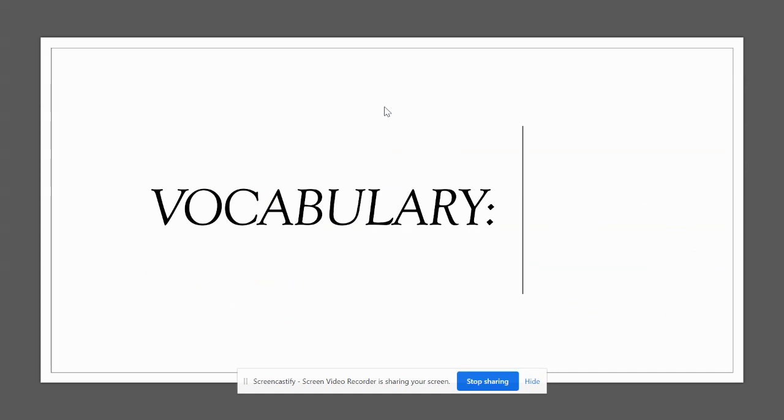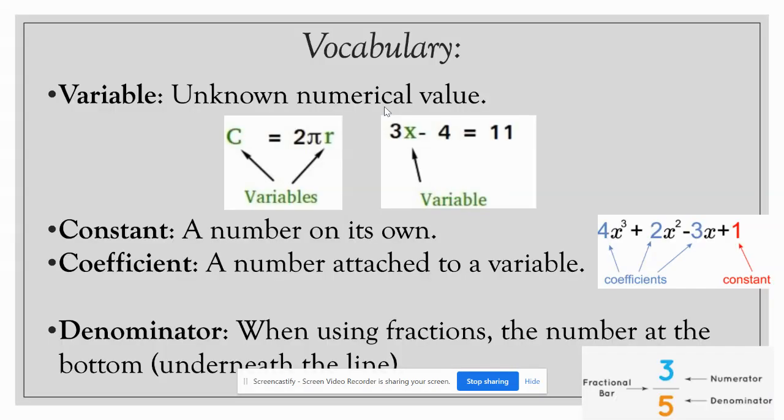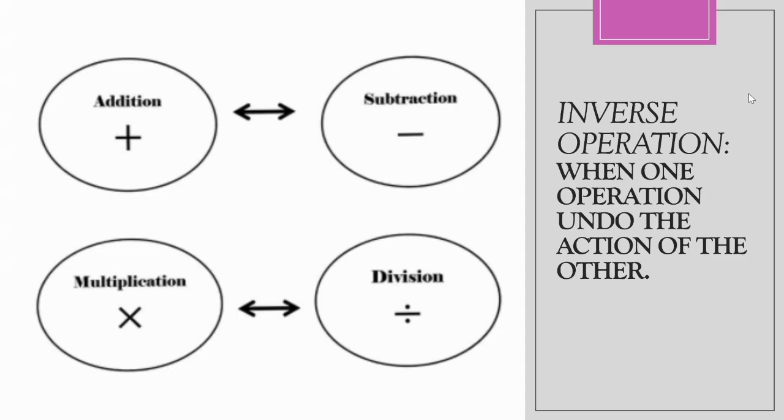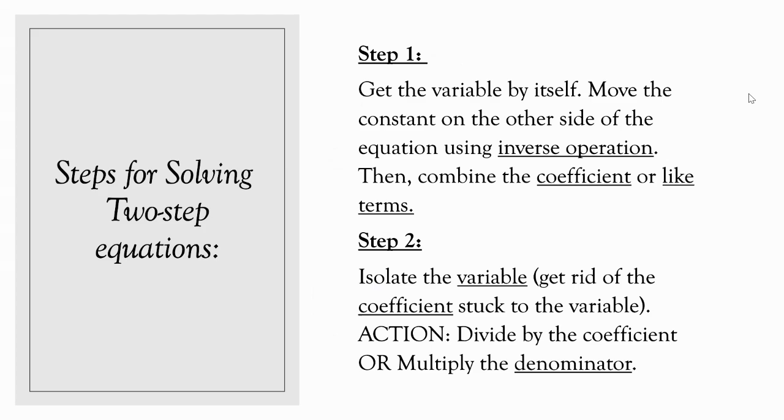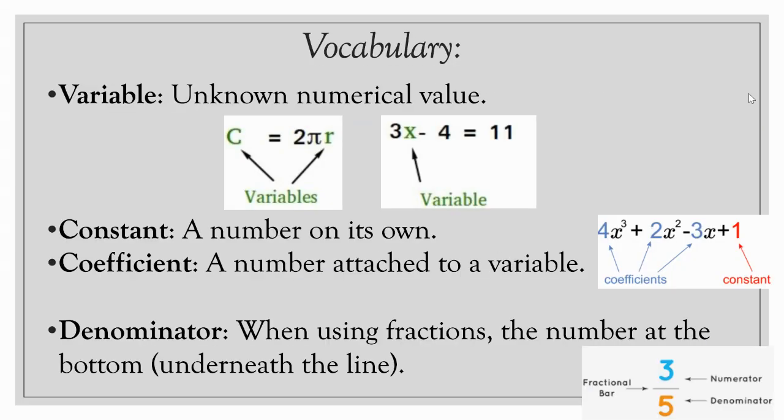So the vocabulary is still the same, guys. If you had a vocabulary already copied down from last week, you don't have to copy this down again. Just make sure that if you don't, I didn't add reciprocal on here, did I? I did not. So just make sure that you add reciprocal. If you need it, you can ask me and I can give you the definition in person, or you can also get it from another classmate.